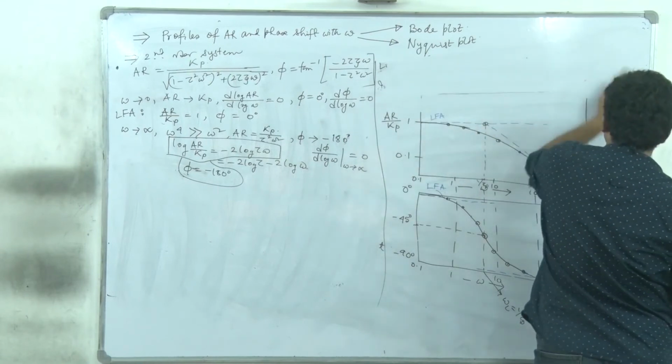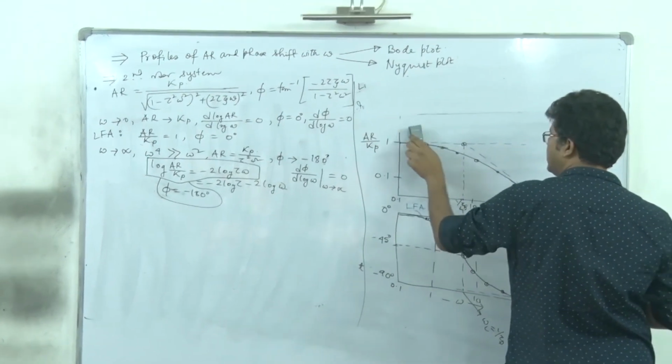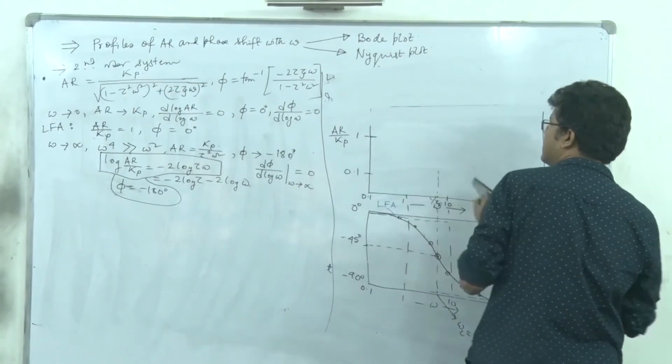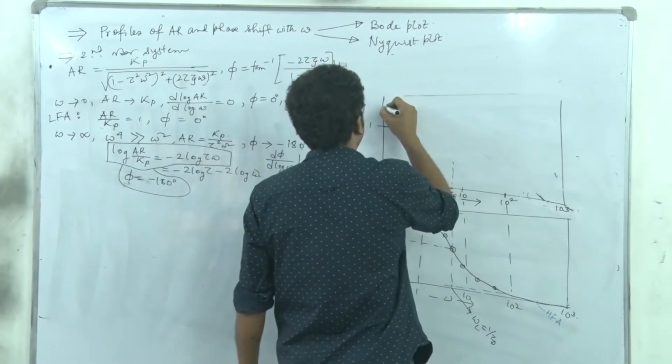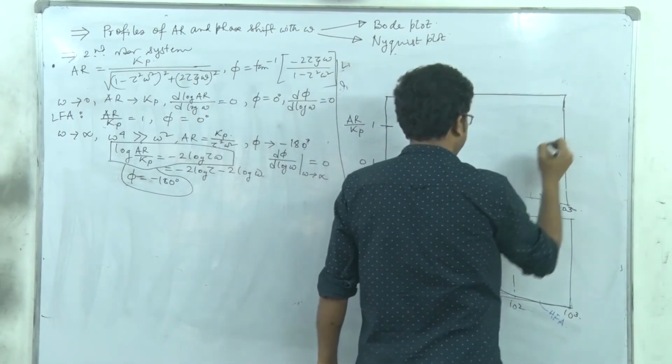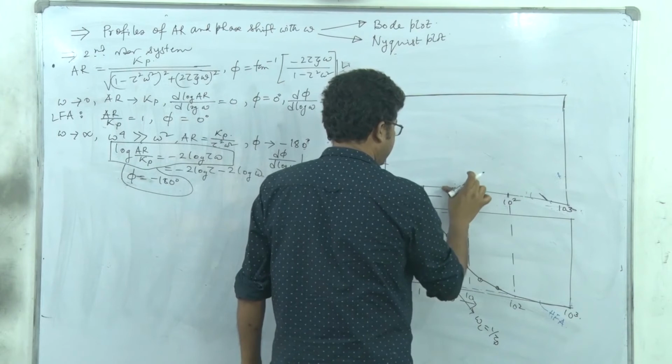So let's not erase this, let's only erase this part. Okay, the box and all will remain identical. The omega axis we are also not erasing. So let's erase this corner frequency.